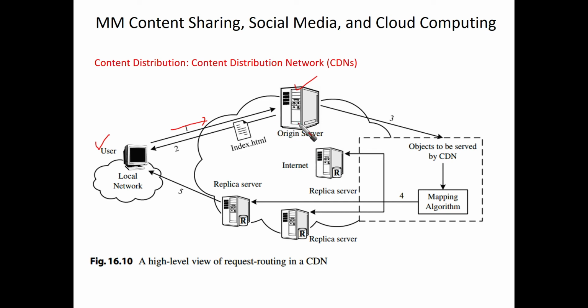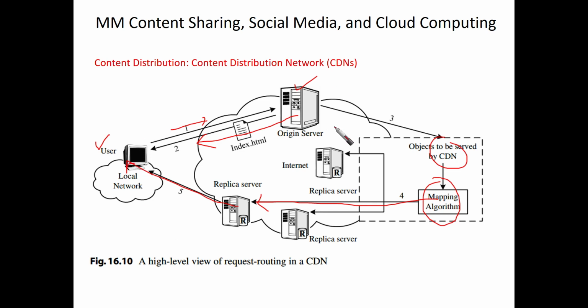In response, maybe the original server gives a very simple thing, such as the index page of the website, and the other things it forwards to the content distribution network. In the CDN there is something called a mapping algorithm. It finds the mapping from the website address to the replica server. It finds where the replica server is and gives the instruction: hey, give the content to that user. Then the content goes from the replica server.